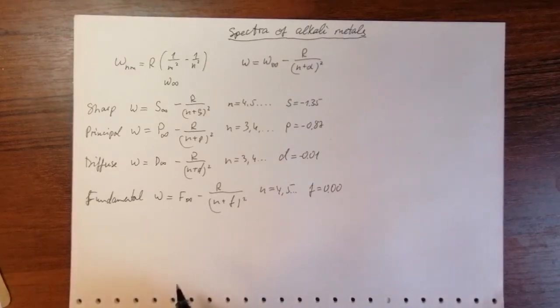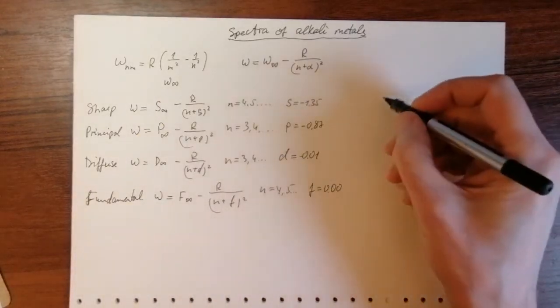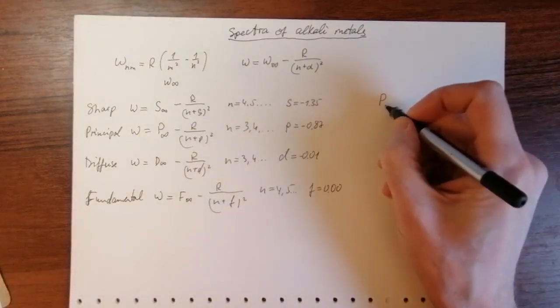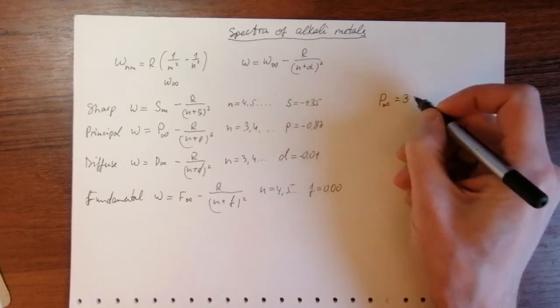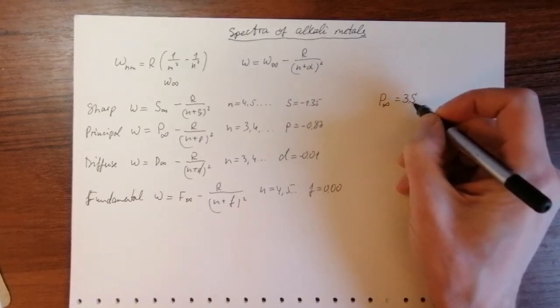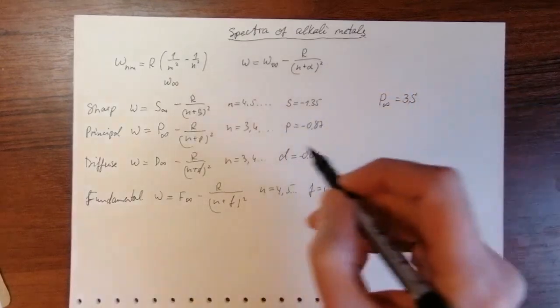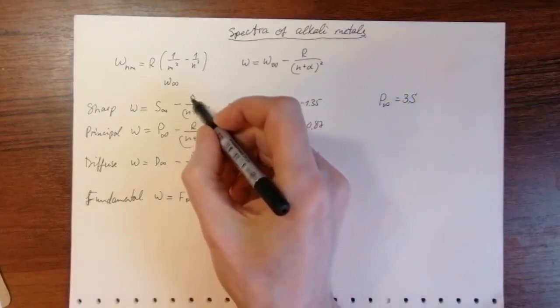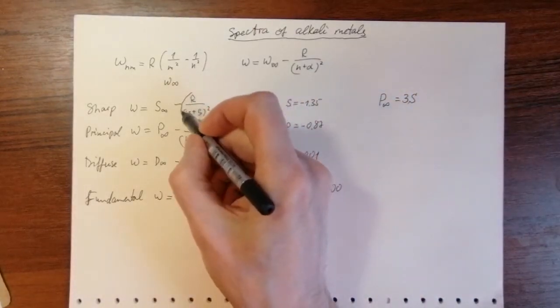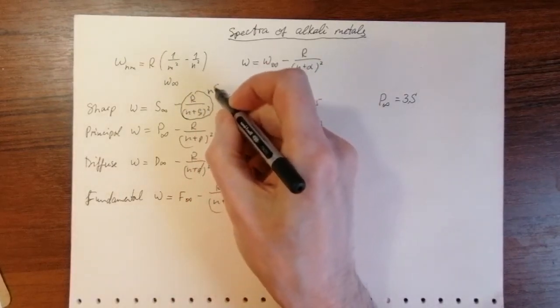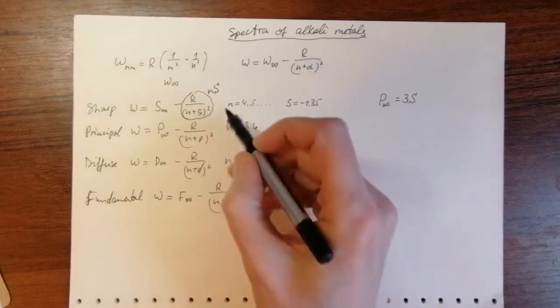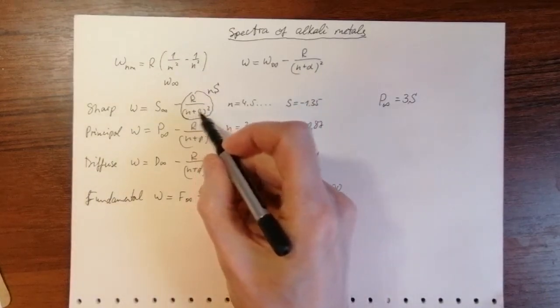Empirically it was established that p infinity is equal to 3s. And what is this 3s? We will denote this term as ns, where n is this number.